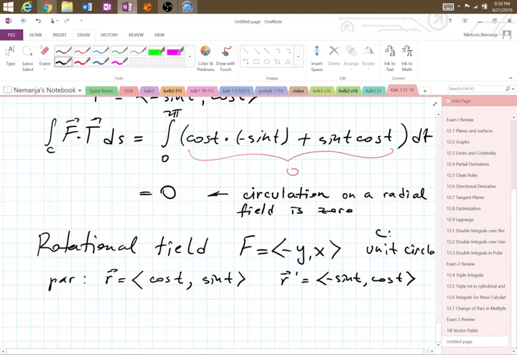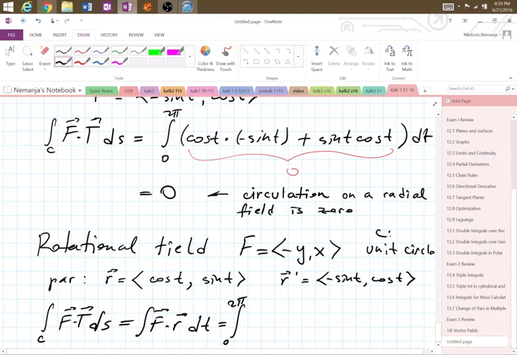And then what else do we have? Now we immediately plug everything into the integral, which is our integral of F dotted with R prime dt, 0 to 2 pi.